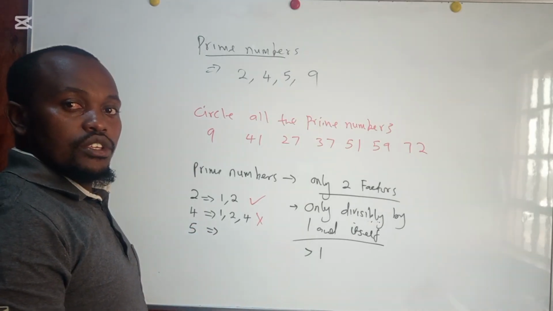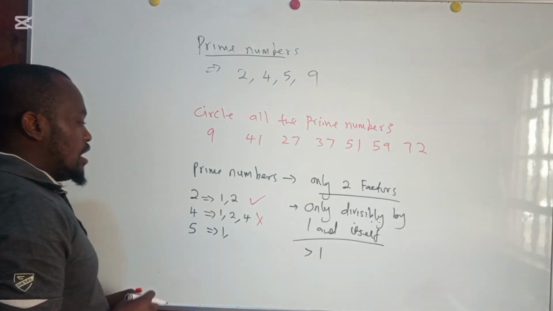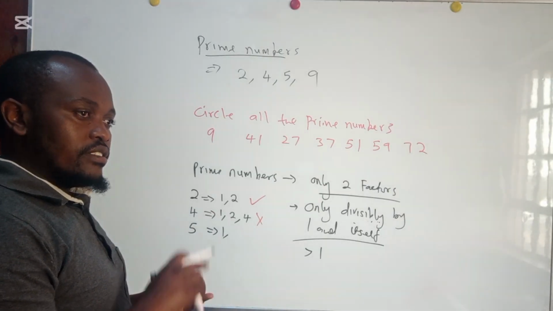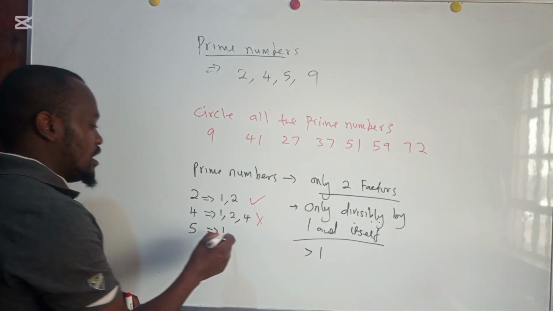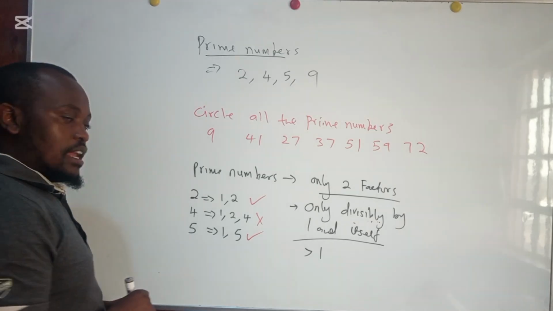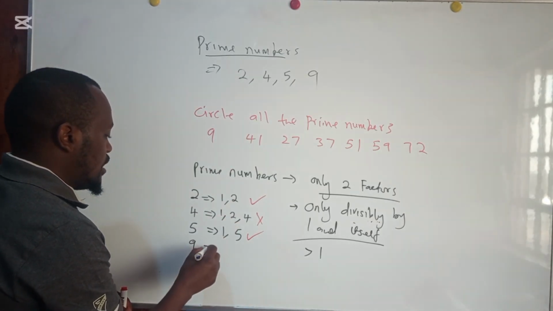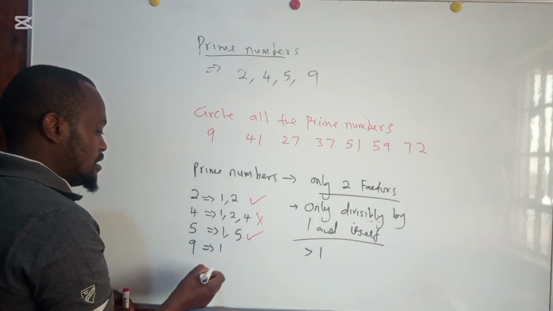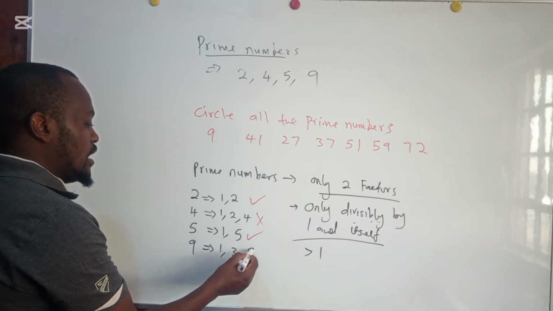5, you can divide 5 by 1. Can you divide by 2? No. Divide by 3? No. Divide by 4? No. Divide by 5? Yes. So this one has only 2 factors. It's a prime number. You can go to 9. 9 you can divide by 1, by 3, by 9.